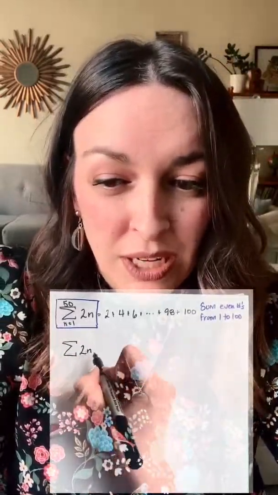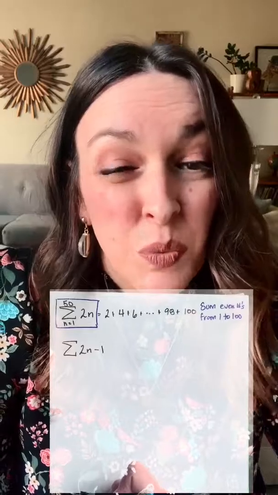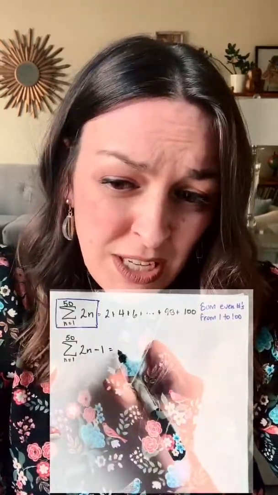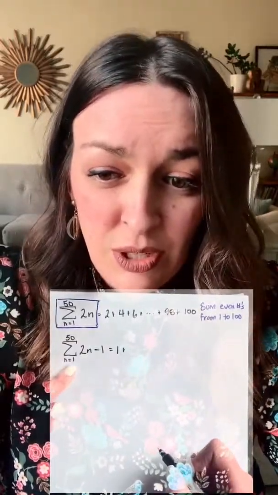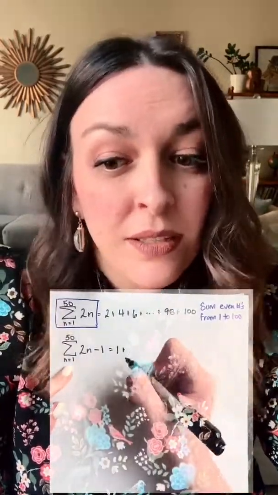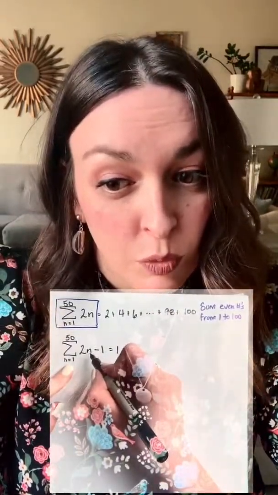So what if I want to sum all the odd numbers from 1 to 100? Well, I'd take 2n minus 1, because you have 2n, an even number, you subtract 1, you have an odd number, right? I'm still going to keep that from n equals 1 all the way up to 50. So then we substitute all the numbers in for n from 1 to 50. 2 times 1 minus 1 is 1. 2 times 2, 4, minus 1 is 3.